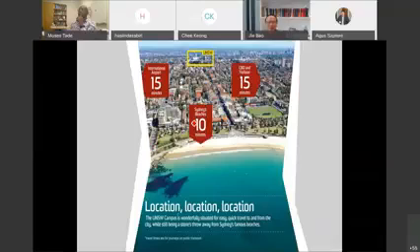The university is located in a very good position. It is about 50 minutes from the international airport, 10 minutes from Coogee Beach, and 15 minutes from the CBD.